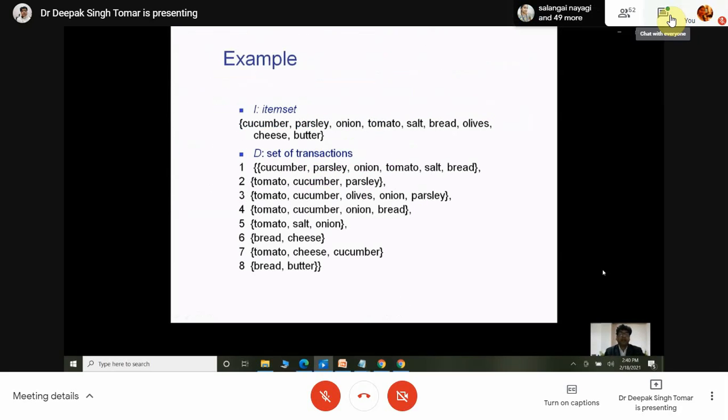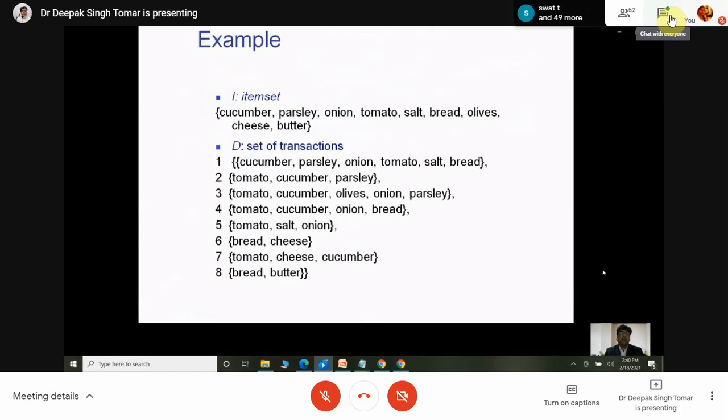Now we discuss itemsets. Here we have simply taken some items just for explaining: cucumber, parsley, onion, tomato, salt, bread, olive, cheese, and butter. Although we have only about 10 items here for example, in reality the itemsets in a store are in the thousands or lakhs.